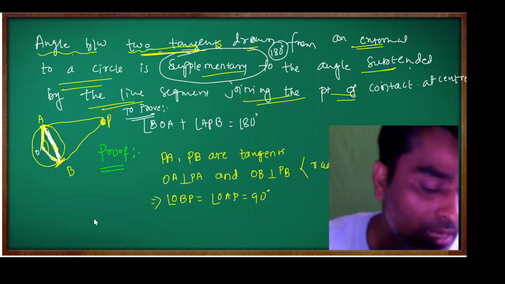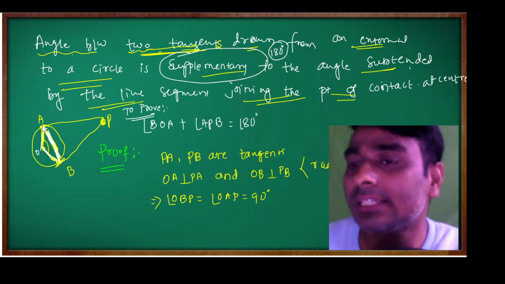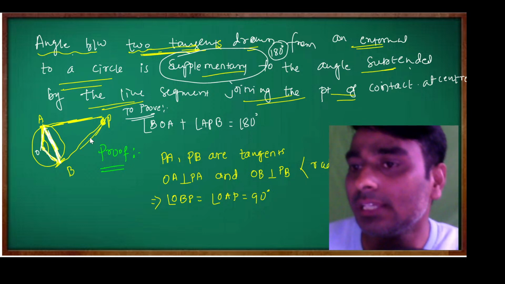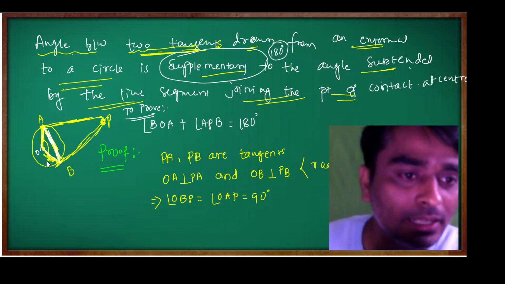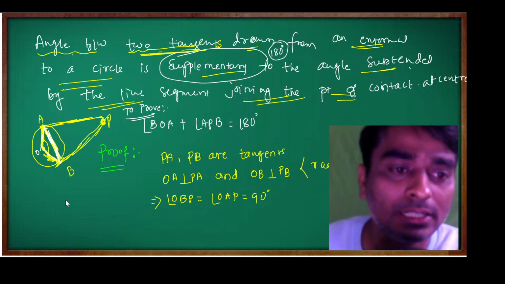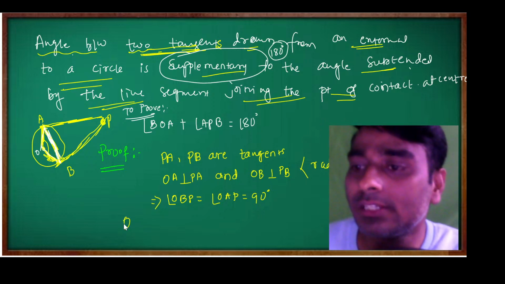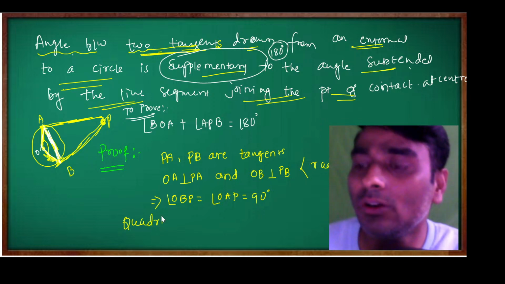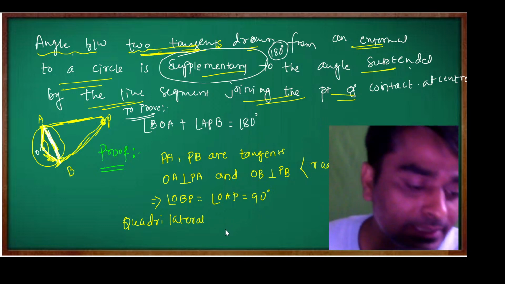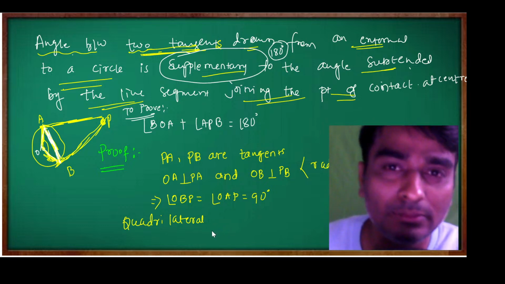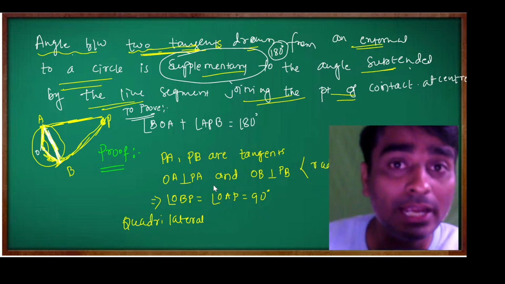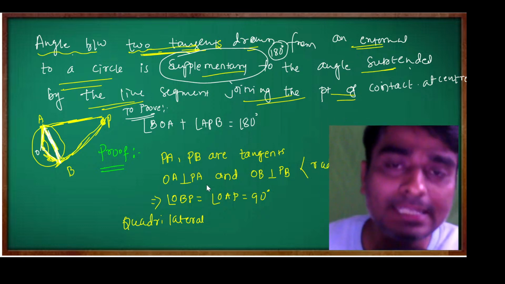Okay, we got this. Now I am able to see this complete figure. If you see, this is a quadrilateral. Look at that, 4 sides are there. So it's a quadrilateral. Quadrilateral means if you add the 4 angles, the total sum is going to be 360 degrees.